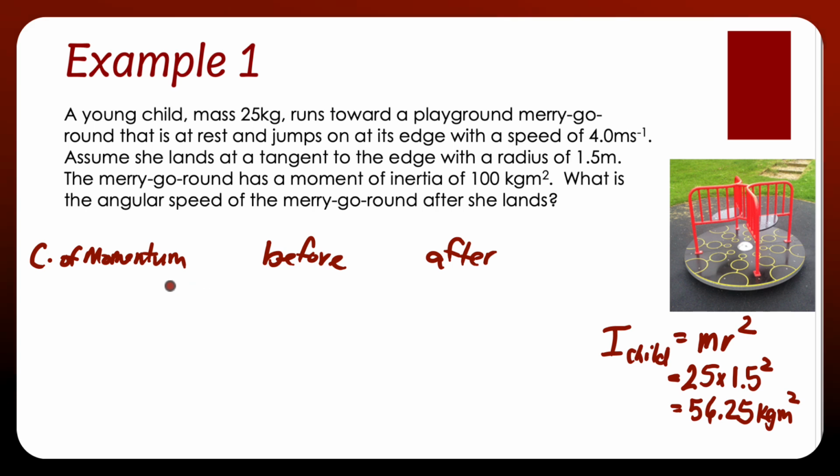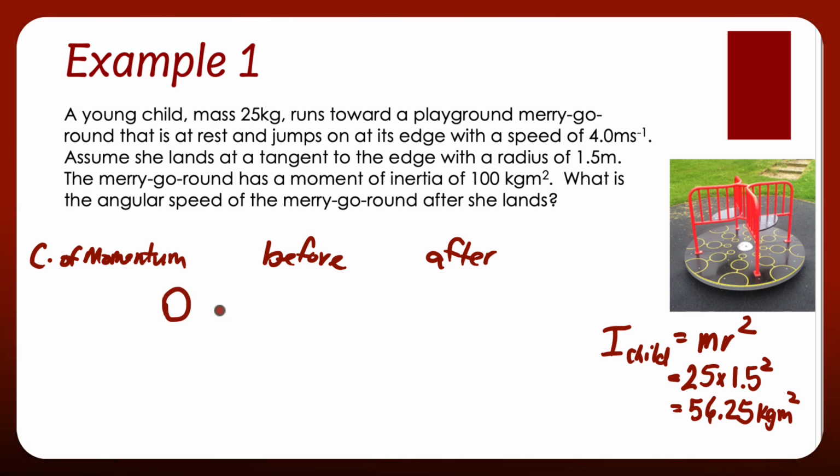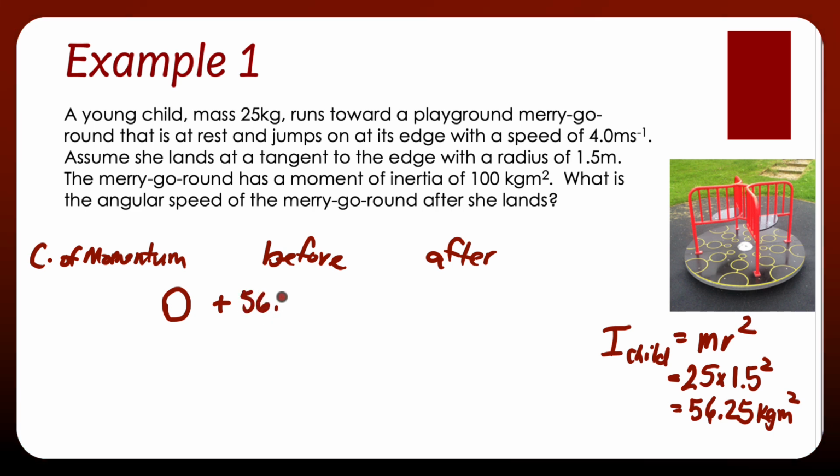So let's set up our equation here. When we start, the actual merry-go-round does not have any angular momentum, but the child does. So that will be 56.25, moment of inertia, times their speed, which is 4.